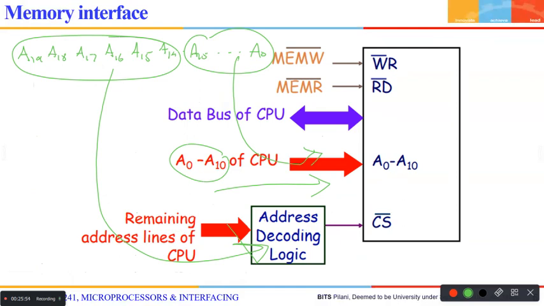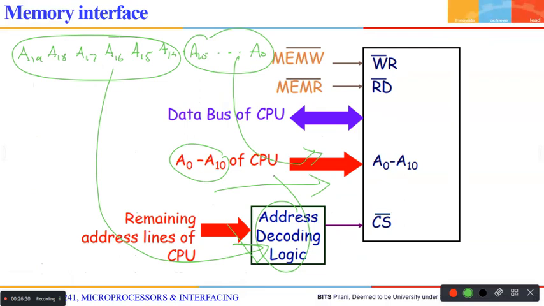Now, what is our duty? Our duty is to design this address decoder logic. We use a decoder here, with the address lines A14 to A19, and do proper decoding.